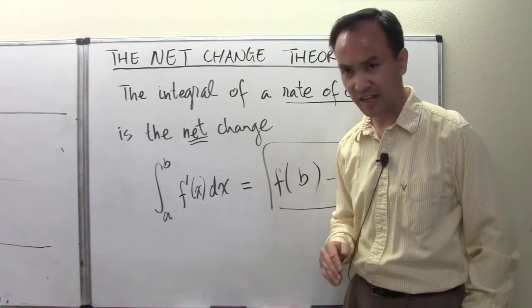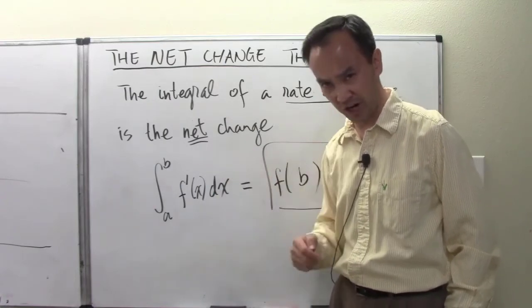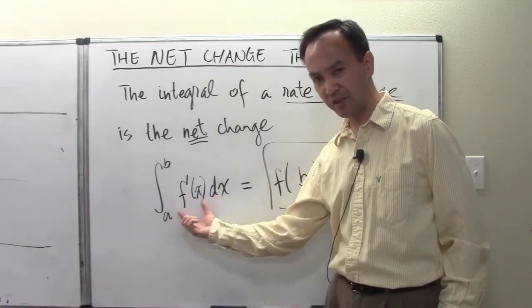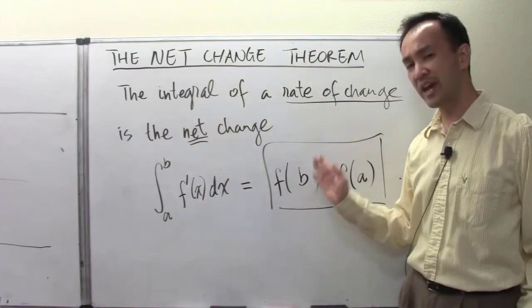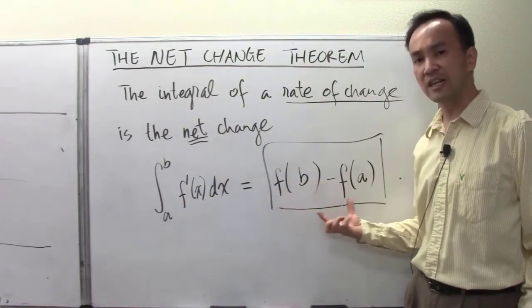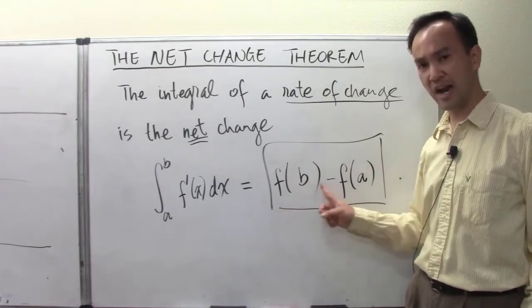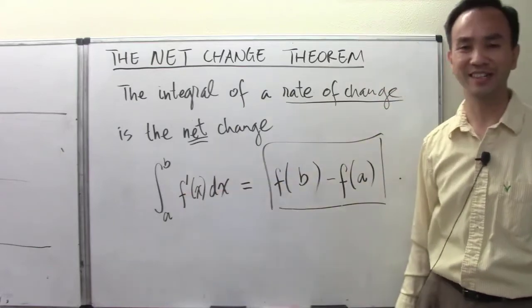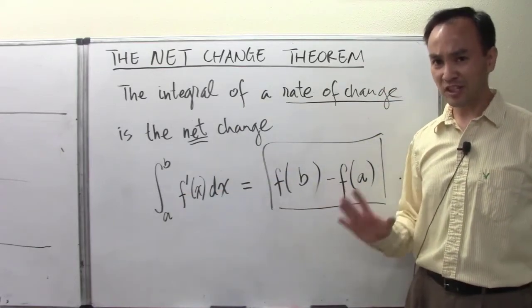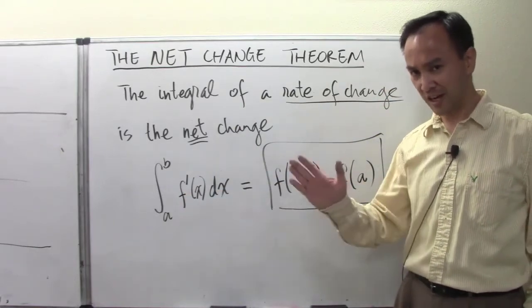I'm saying this in case I keep forgetting to say instantaneous rate of change. If you start out knowing rate of change, taking the definite integral of the rate of change guarantees that you come up with the net change in your actual function, which is the antiderivative of that.